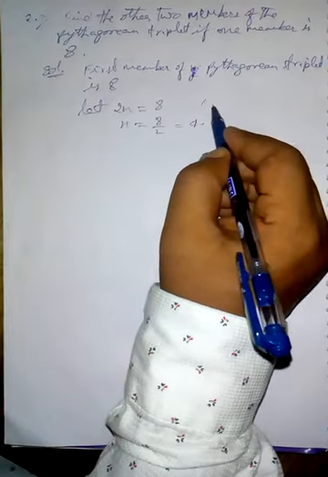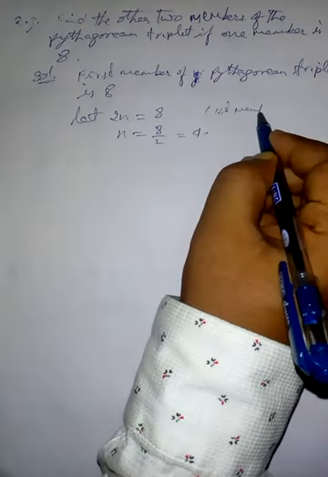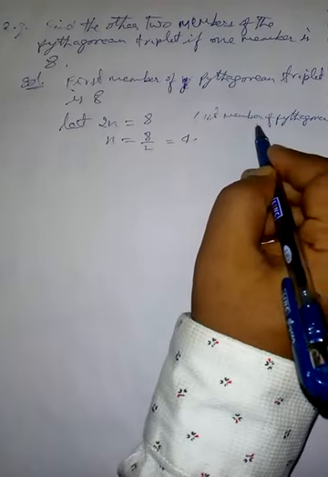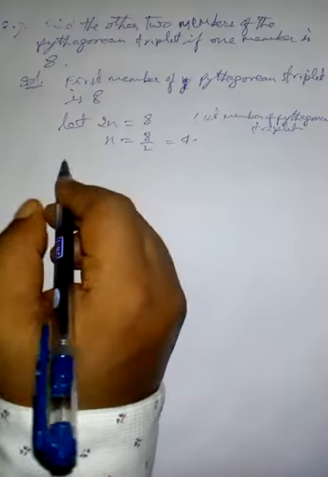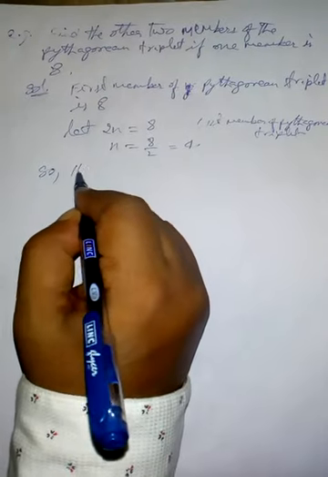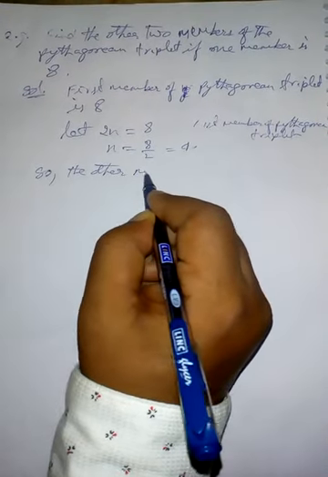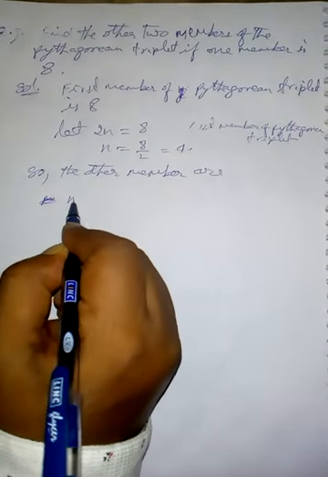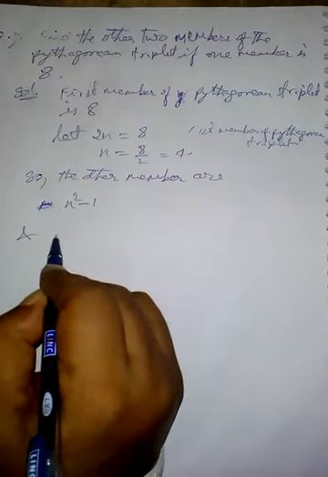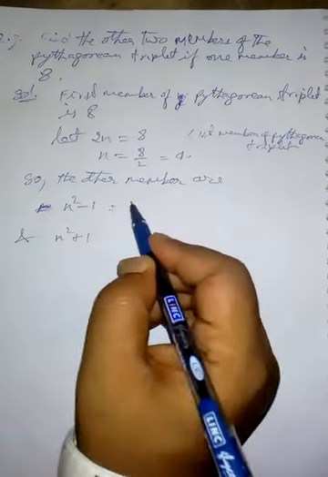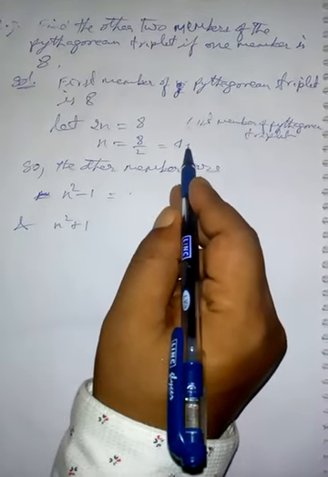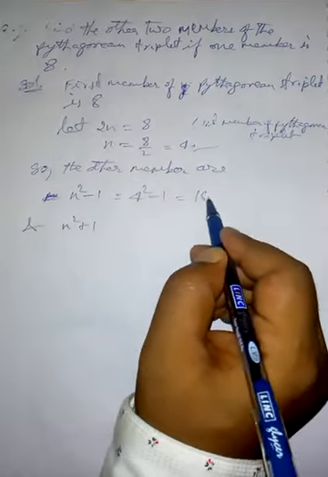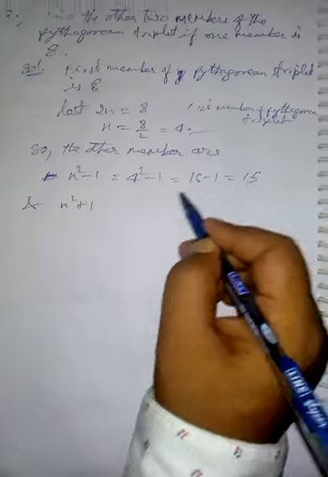So the other members are n square minus 1 and n square plus 1. This will be n square minus 1, where n we have got from here: 4 square minus 1, that is 16 minus 1, that is 15.